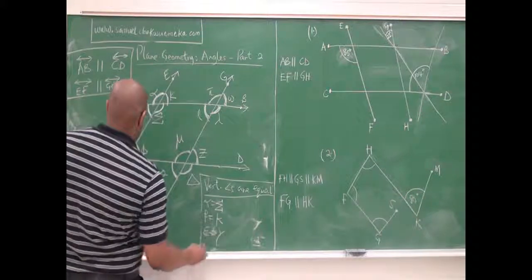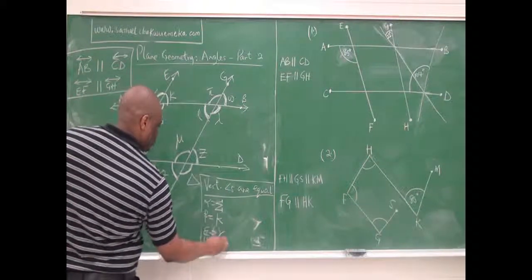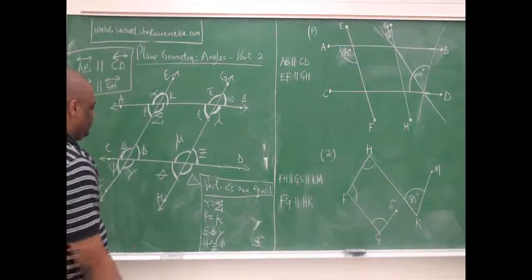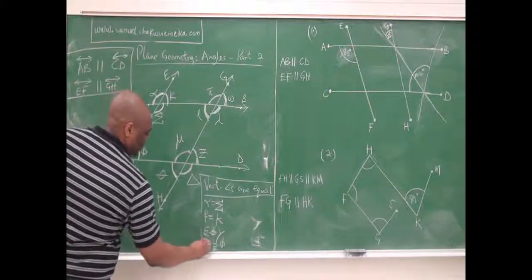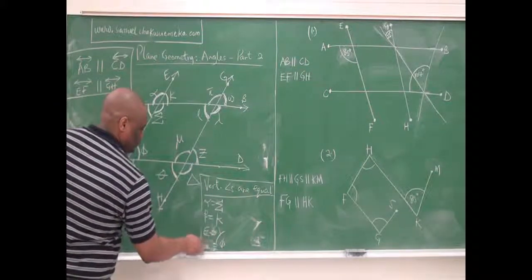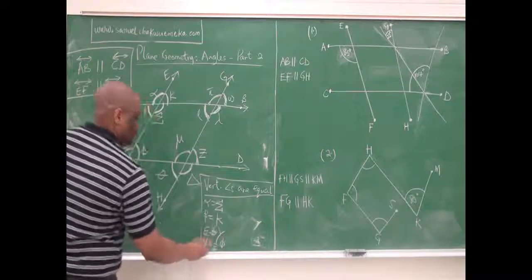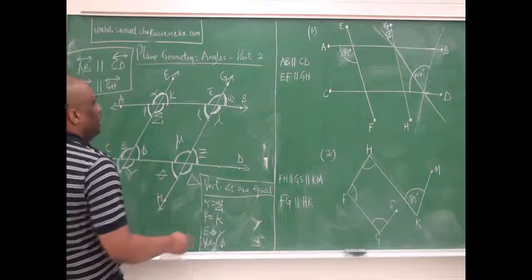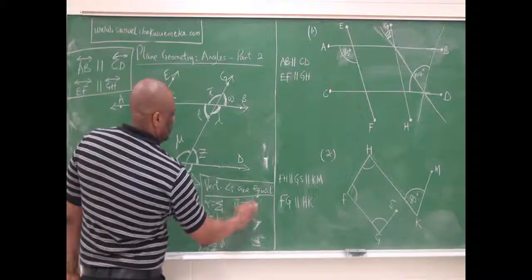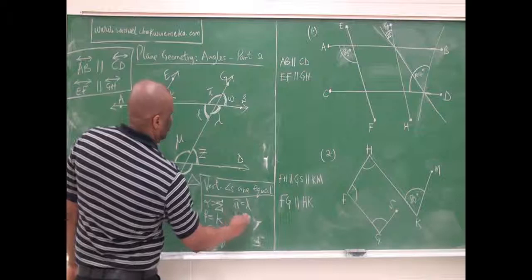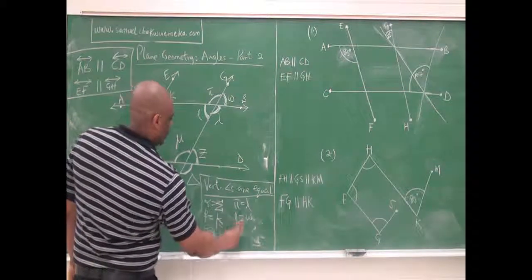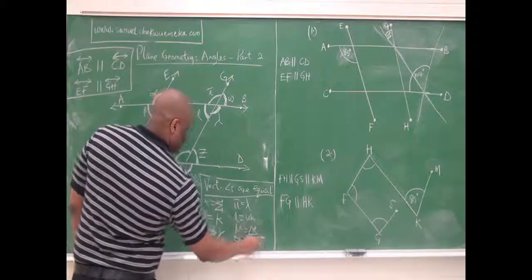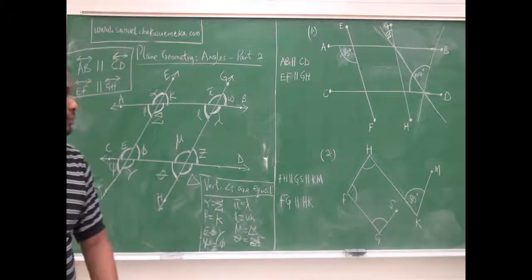Epsilon is equal to gamma. Psi is equal to phi. Pi is equal to lambda. Rho is equal to omega. Mu is equal to delta. Theta is equal to zeta.